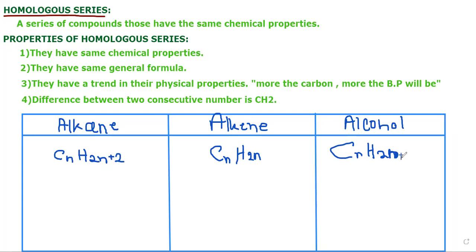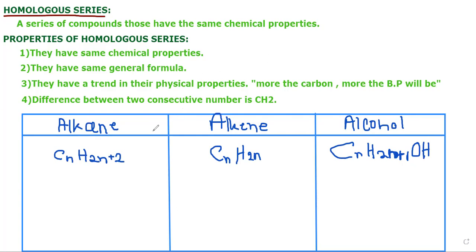CnH2n+1, then OH. So the general formula of alkane is CnH2n+2, of alkene is CnH2n, and of alcohol is CnH2n+1OH.